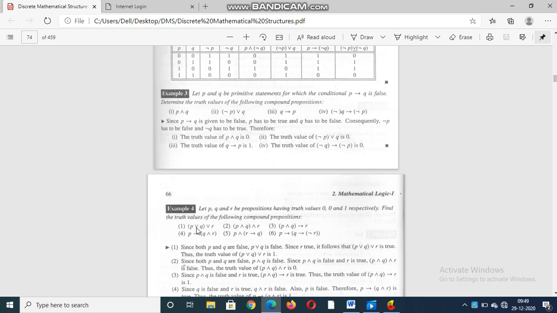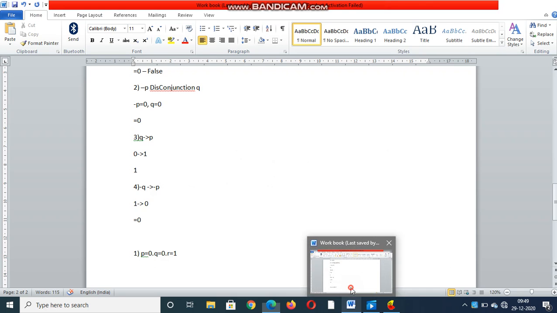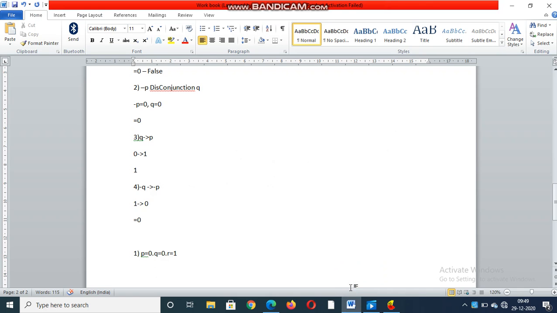P disjunction Q whole disjunction R. So we do it mathematically first. P disjunction Q in the sense 0 disjunction 0, then definitely the output is 0.